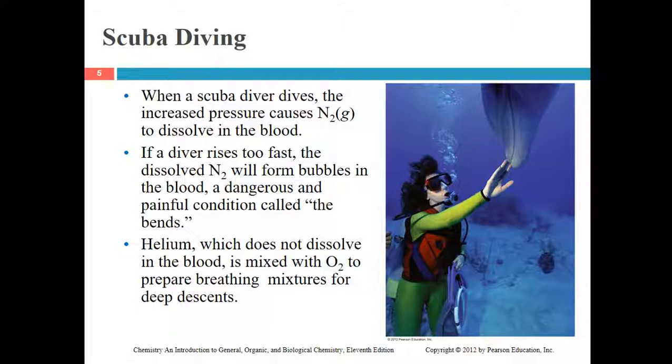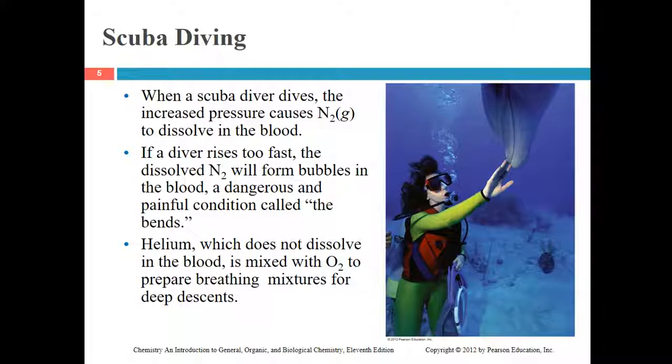But another issue is that once you've gone down, you have all these nitrogen bubbles in your blood, and if you come up too fast, they're going to come out of your blood vessels, and you have a whole bunch of blood vessels in your brain, and then the oxygen would come out of that. That wouldn't be good. Or in your joints, that's why the stiffness.